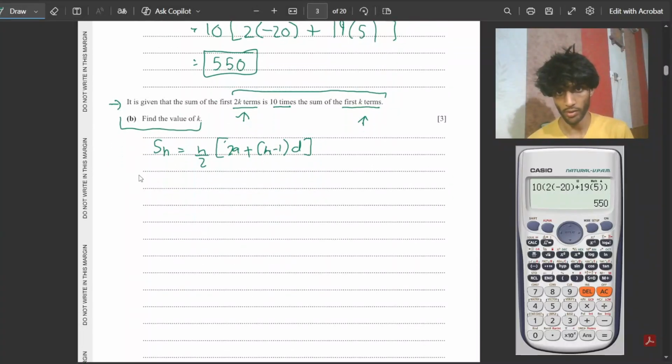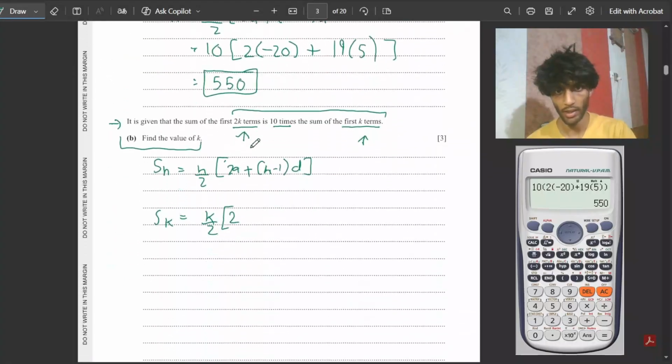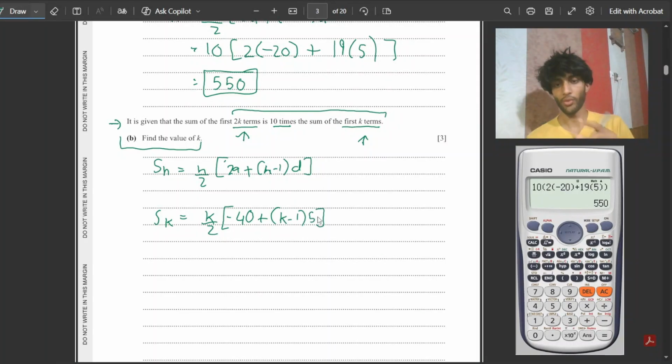So Sk is going to be k by 2 times 2 times a, where a is negative 20, so I'm just going to write negative 40, plus n minus 1, which is k minus 1, times 5. So this is the sum of the first k terms.